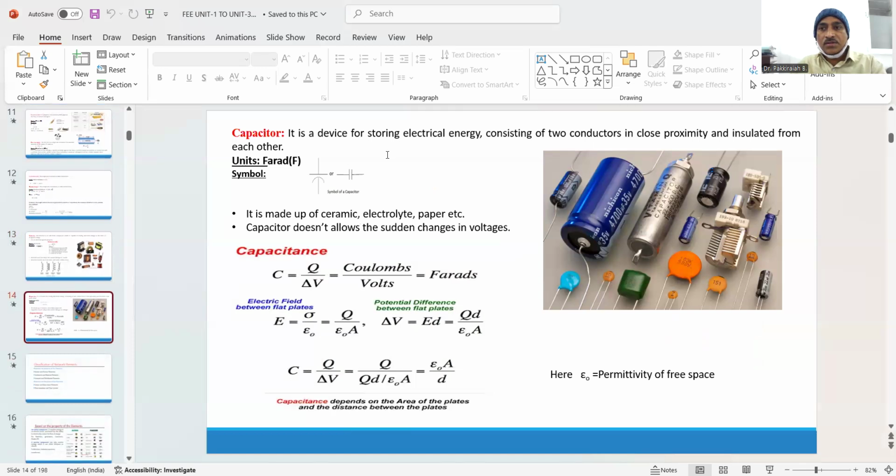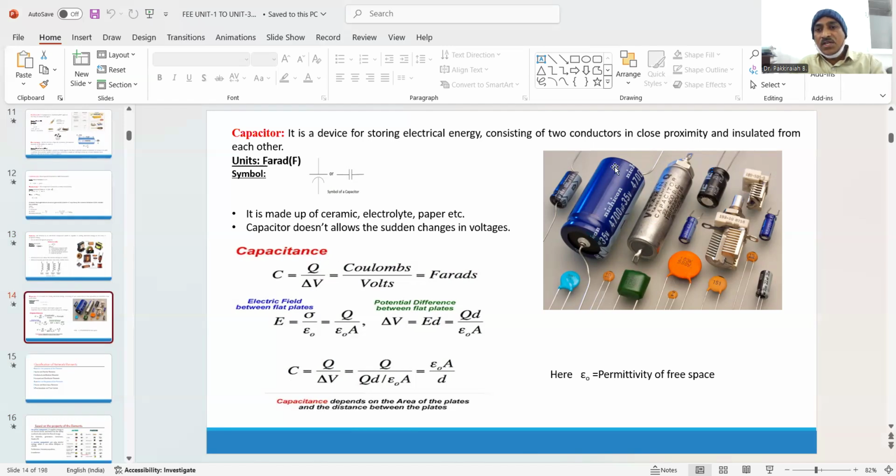Capacitor is a device. It has a property called capacitance, due to which it stores a part of the applied energy in the form of an electric field. Its unit is measured in farad, F. For the symbol of the capacitor, you can see two parallel plates.